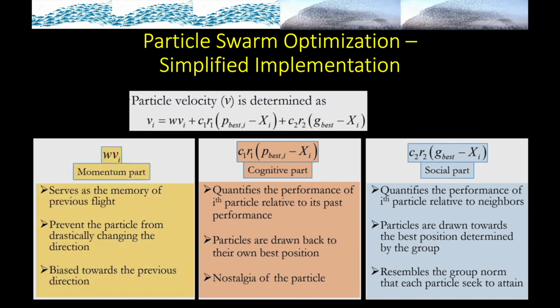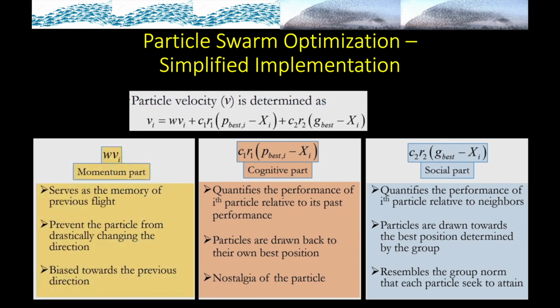The second part is the cognitive part, whose role is to serve as the memory of the particle and pull each particle towards the personal best of that particle alone. And this is necessary because each particle will also have a personal memory, a cognitive part, a personal space, and it will have a nostalgia where it will want to move towards. So the cognitive part assures that this thing happens.